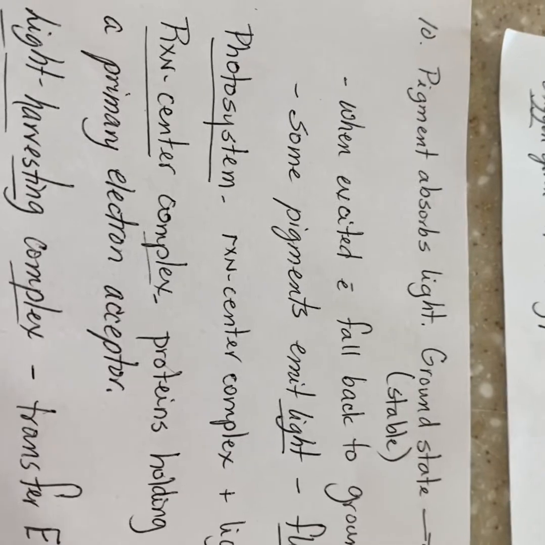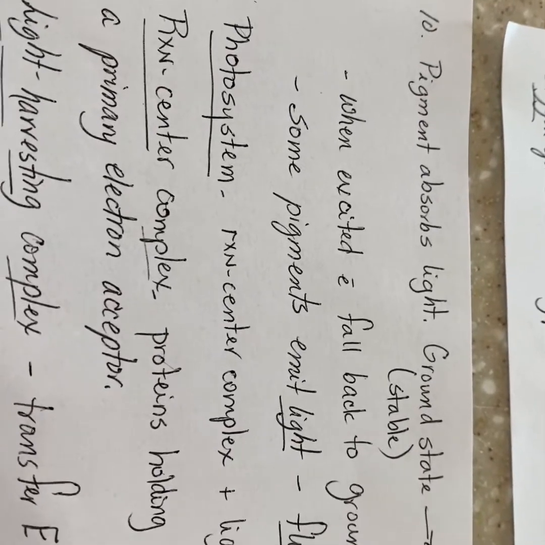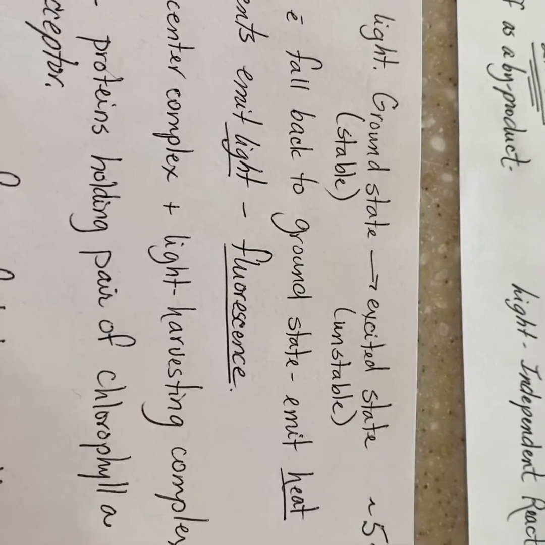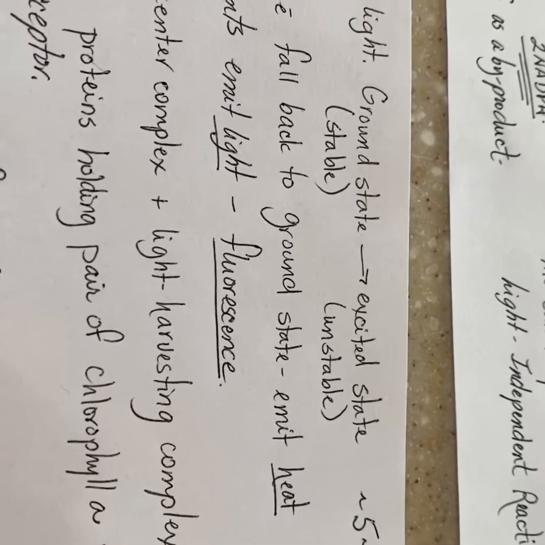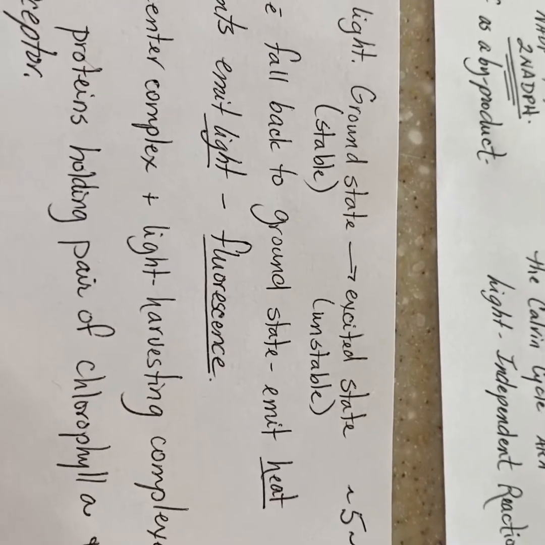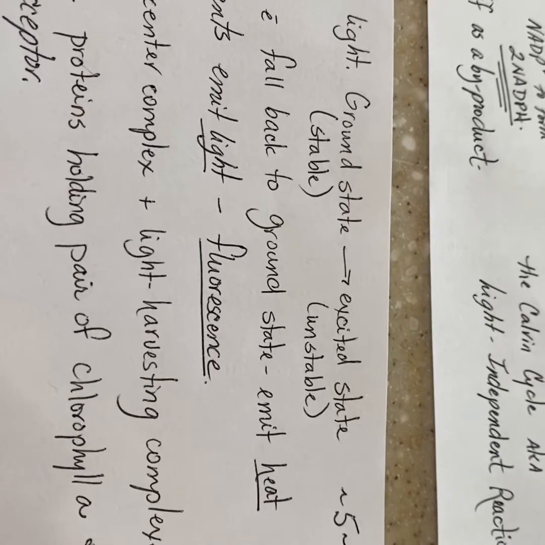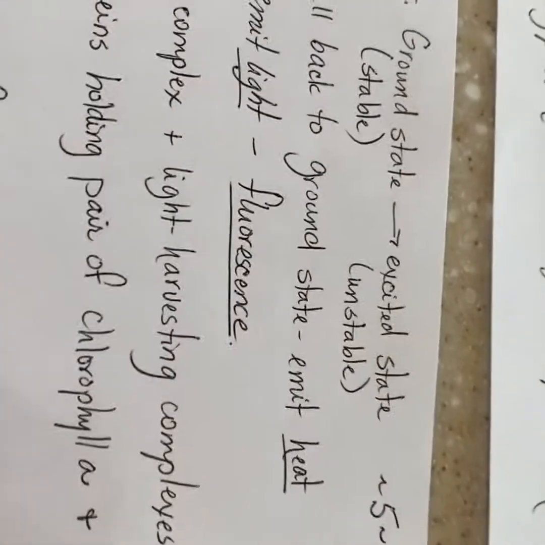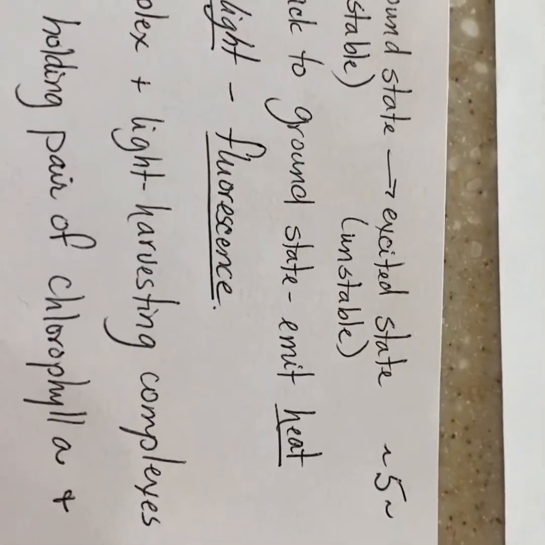Okay, so we know the pigments absorb light, and this energy moves them from a stable ground state to an unstable excited state. We're talking about electrons. When the excited electrons fall back to the ground state, they emit heat.